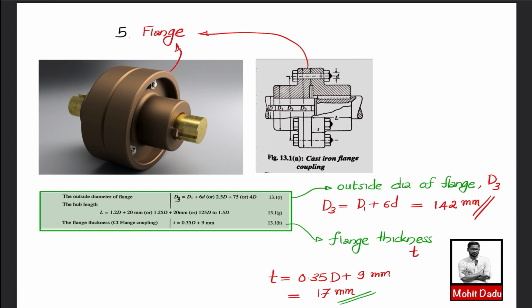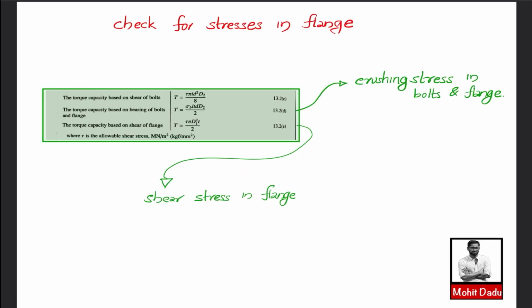Next, as a final step, we will be making a check for the stresses in the flange. For checking the stresses in the flange, we will be finding both the crushing stress in bolt and flange and the shear stress in flange. The equations required you can see here. For evaluating the crushing strength, you will be using 13.2D, where torque and all values are known. The only value we are evaluating is sigma B, which is known as bearing stress or crushing stress.